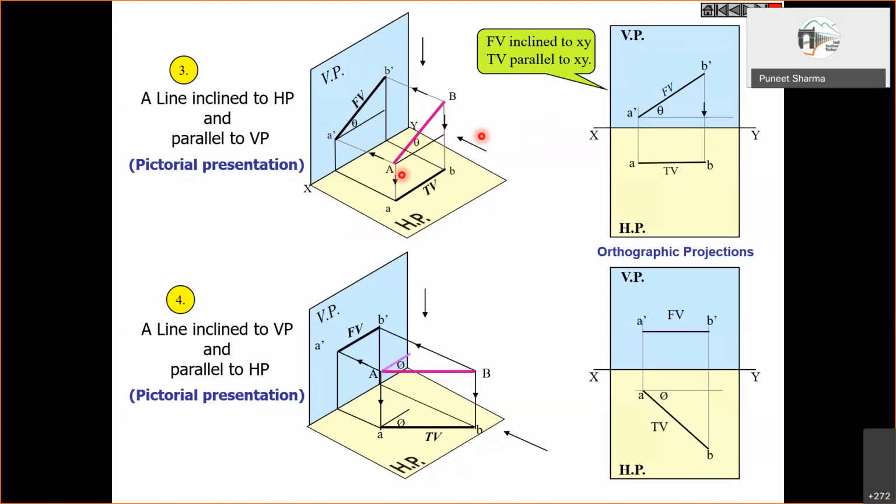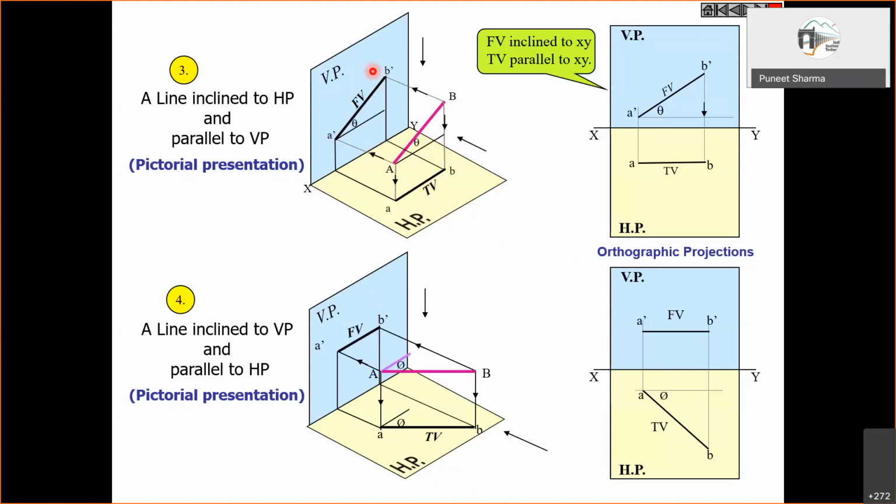What we are doing, capital A, we are keeping it fixed at its position. Then theta also we are not letting vary, only B we are moving. Then what will happen? This capital B will move on some path, right? Then distance of capital B from horizontal plane will not get altered. And likewise, distance of B dash from the XY line for such movement will not get altered.